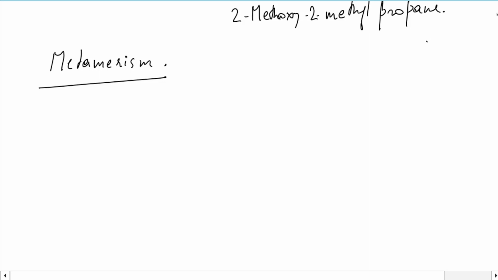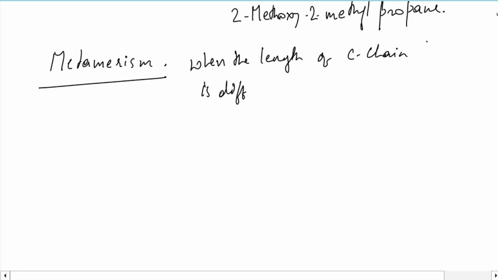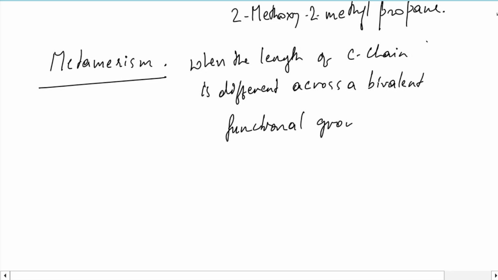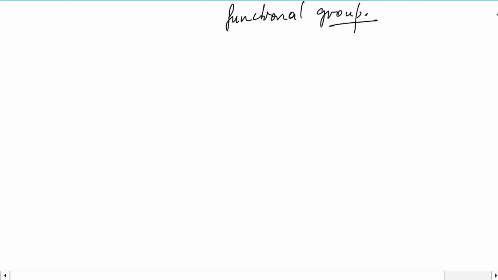When the length of the carbon chain is different across a bivalent functional group, that's metamerism. So when the length of carbon chain is different across a bivalent functional group, that is metamerism.